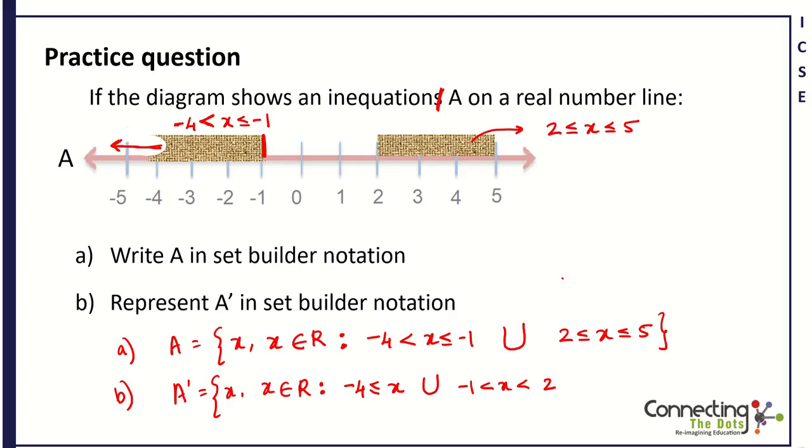And finally, we have to include all the numbers which are on this side of the number line in A dash as well. So I put another union and say x is greater than 5. So there are three regions of the number line we can include in set A dash because they are not in set A. Please observe how the sign less than or less than or equal to is used carefully.